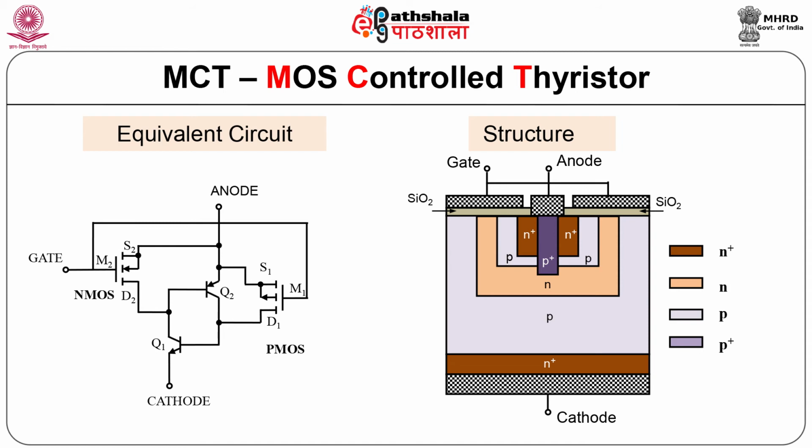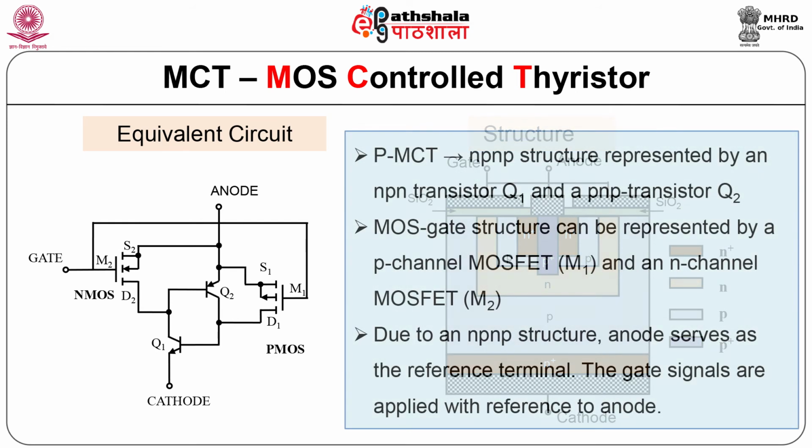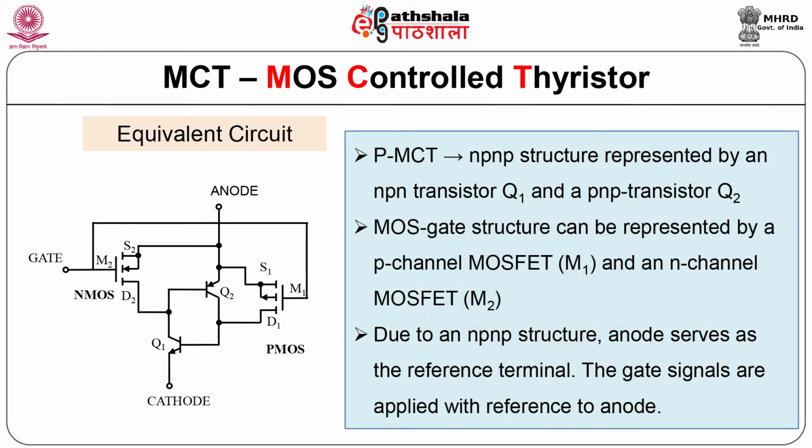It has two MOS, PMOS and NMOS along with regular transistors Q1 and Q2. PMCT, it is the NPNP structure represented by NPN transistor Q2 and PNP transistor Q1. MOS gate structure can be represented by a P-channel MOSFET, that is M1, and N-channel MOSFET, that is M2.